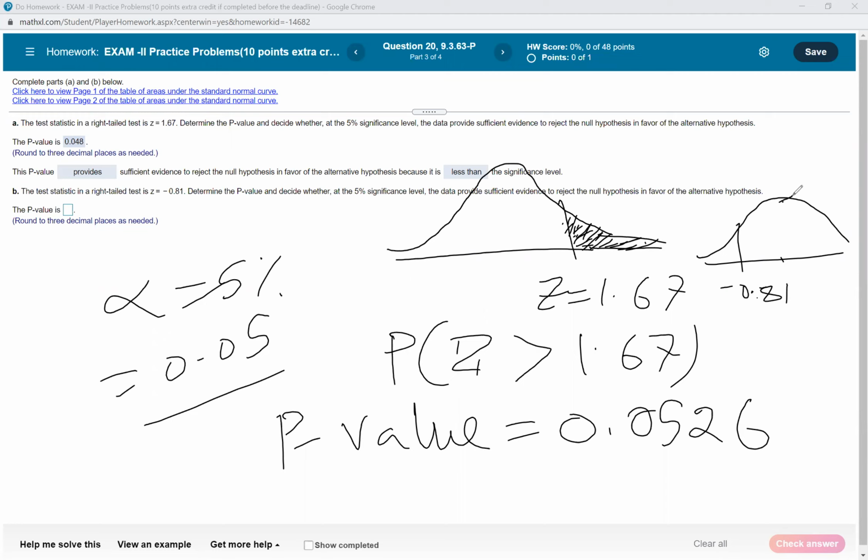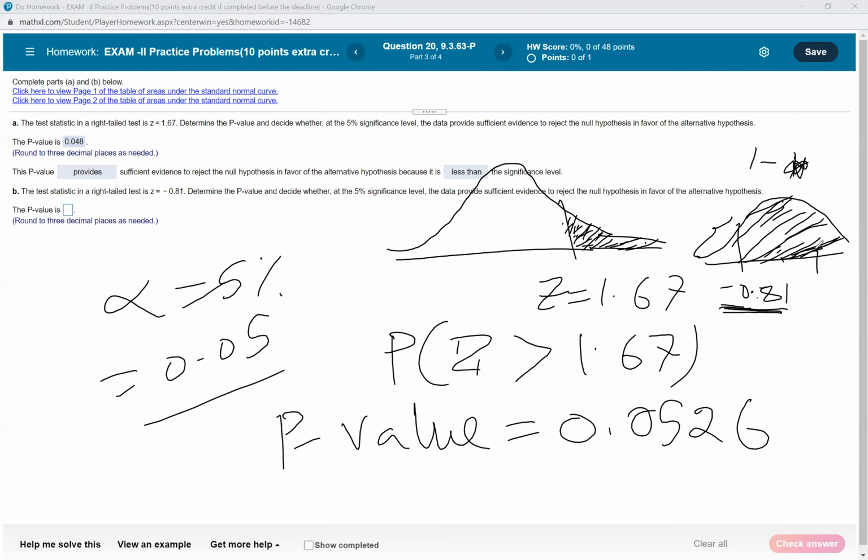So that means we are looking for this area. Now if you look at negative 0.81 in the Z table, you will get this area. So then you have to do 1 minus the area for this number.